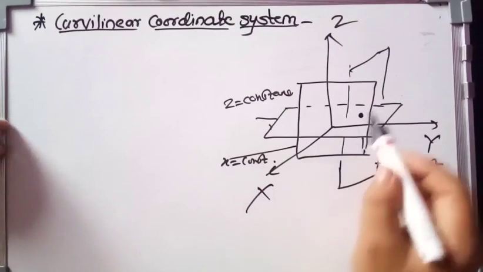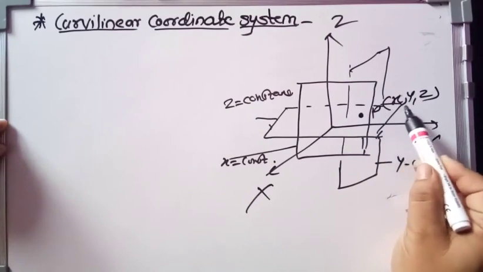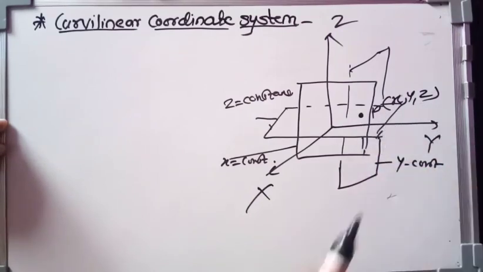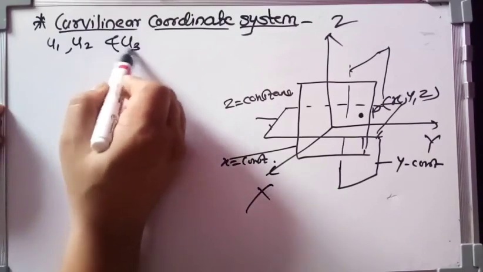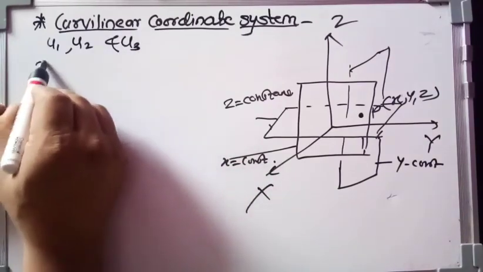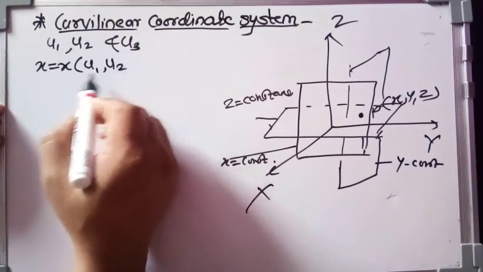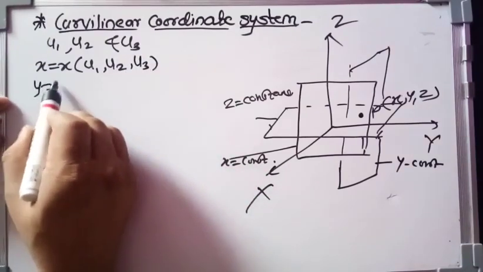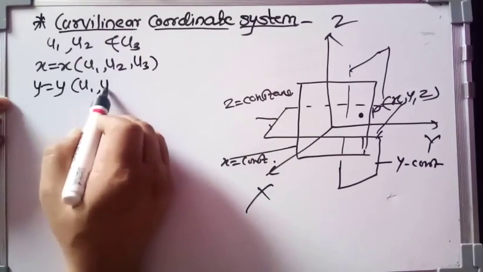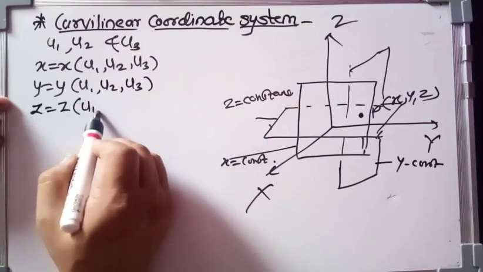We can relate the Cartesian coordinates of the point to the new coordinate system having new coordinates u1, u2, and u3, and therefore we can relate the Cartesian coordinates to these new coordinates: x equal to x as a function of u1, u2, u3, y equal to y as a function of u1, u2, u3, and z equal to z as a function of u1, u2, u3.